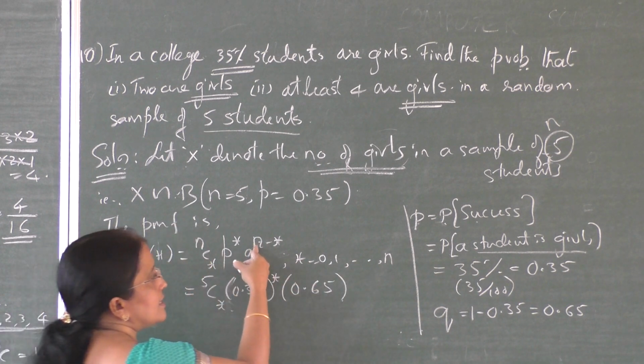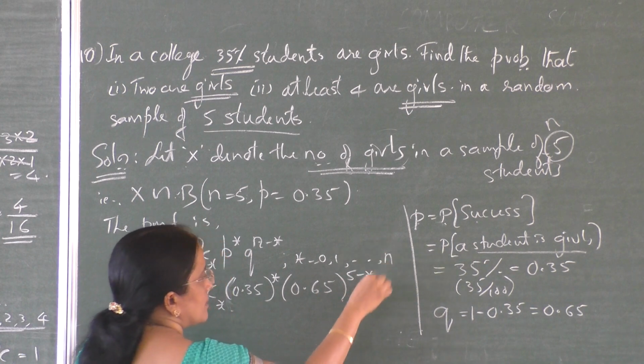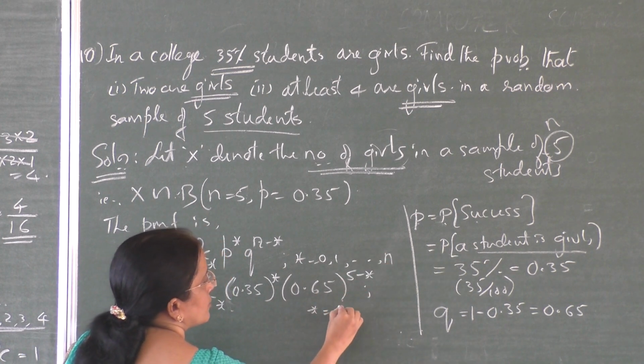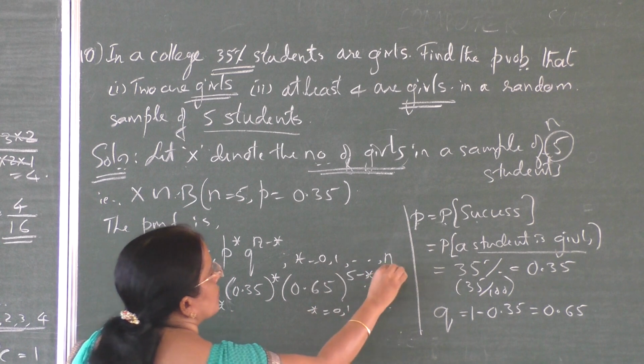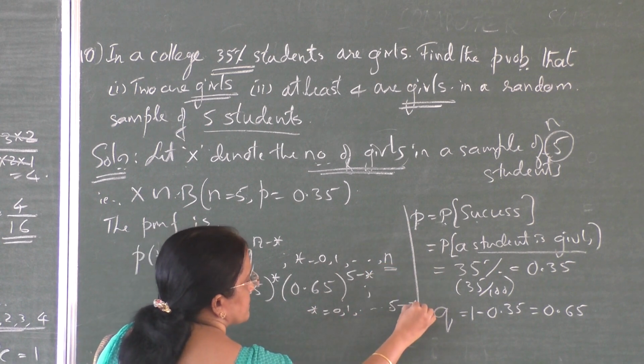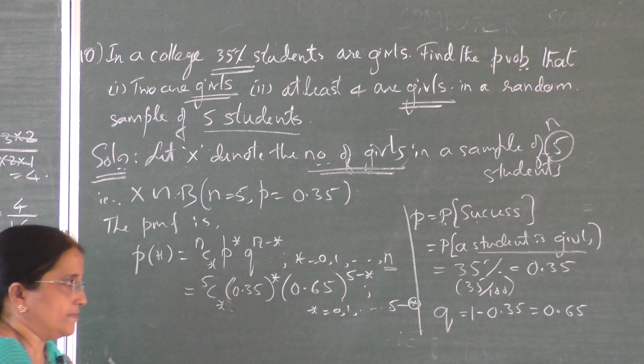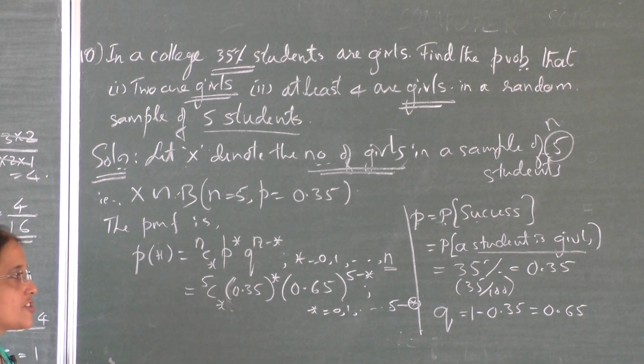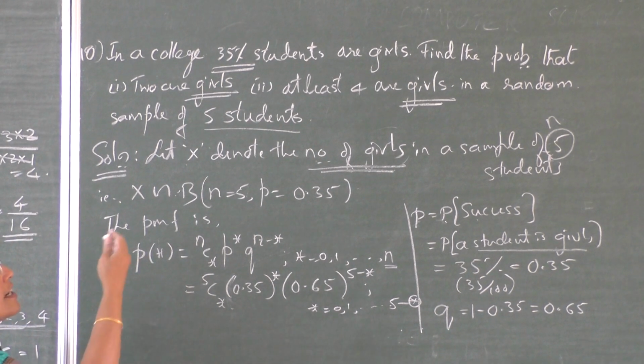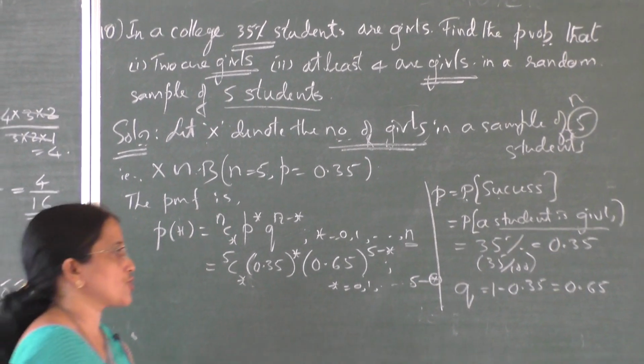What is n? n is 5. What is the range? x is equal to 0, 1, 2 up to, what is n? 5. So this is the important step. Once you get this, next start solving the sub-questions one by one.